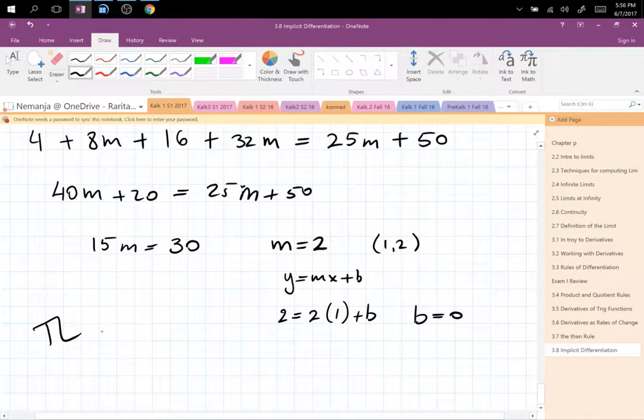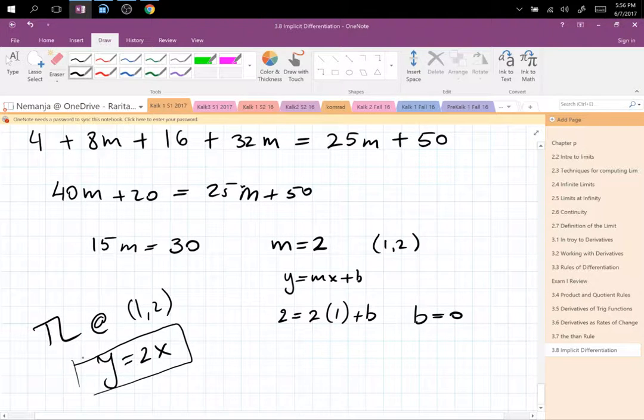And it turns out that the tangent line at 1, 2 is y equals 2x. Cool? That's a lot of spice for y equals 2x.